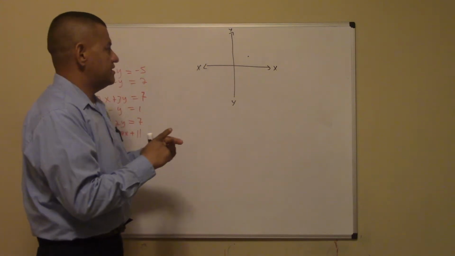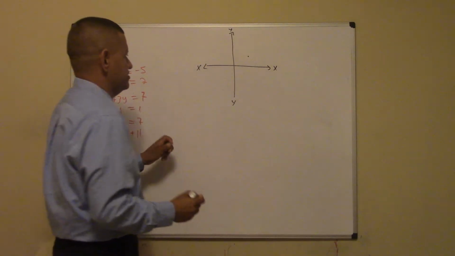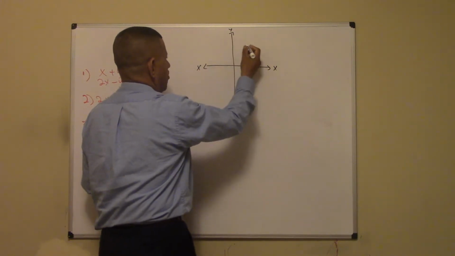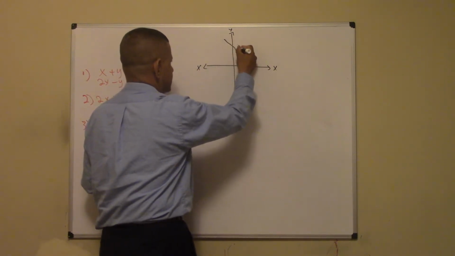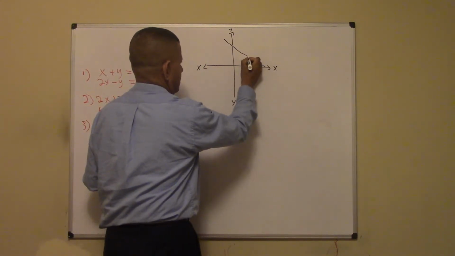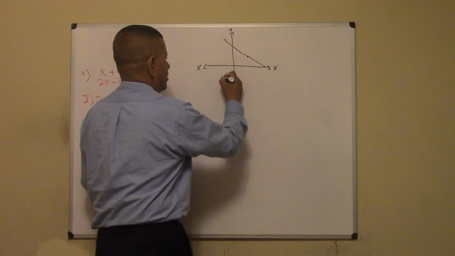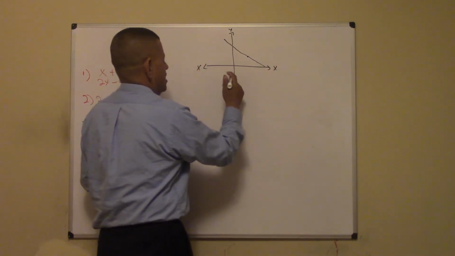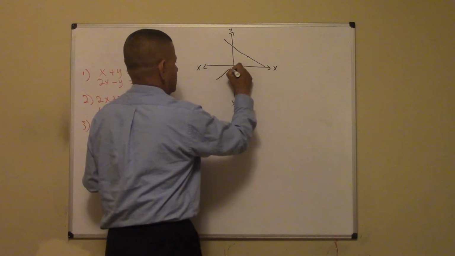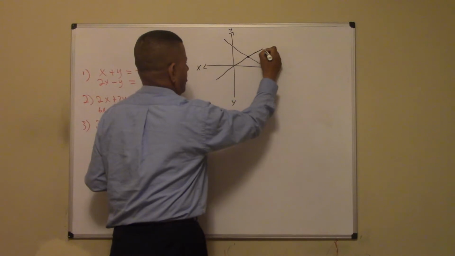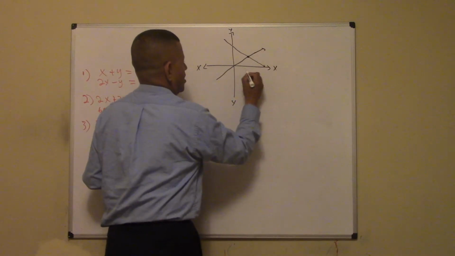That will be the solution for the system of equations, which means that one of them will probably be like this. The other one could be like this. And this is the point that we are looking for.